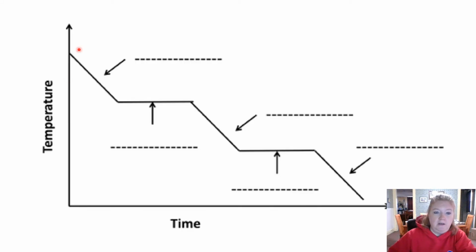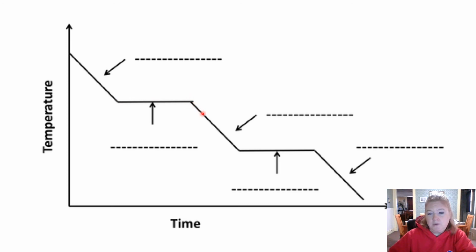All right, so again, in this segment right here, potential is staying the same, kinetic is decreasing, the gas is cooling. Here the kinetic is staying the same, constant, the potential is decreasing, the gas is condensing. We're getting gas to liquid right here. All liquid at this point.